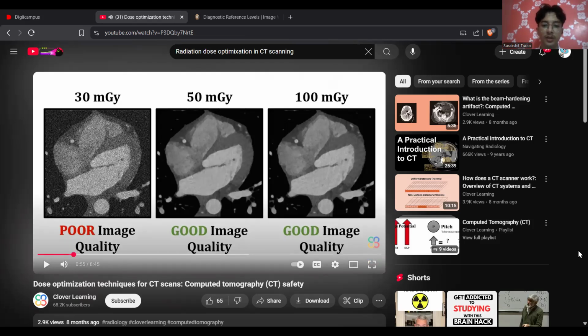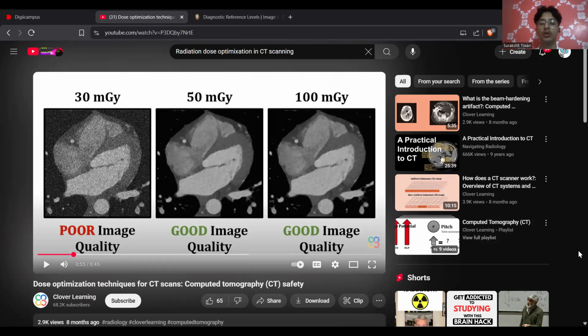Here we can see the 100 milligray image can also be taken, but we radiographers use 50 milligray instead of the 100, because if we use 100 milligray to take the X-ray or the CT scan of the patient, they are being exposed to more radiation dose than they require.